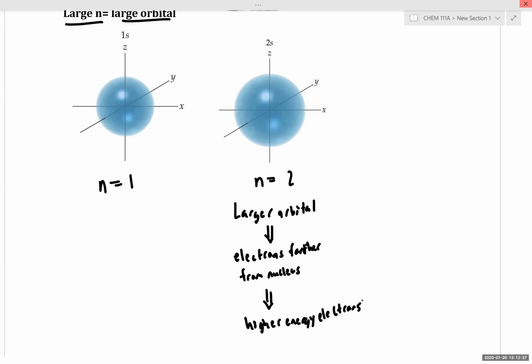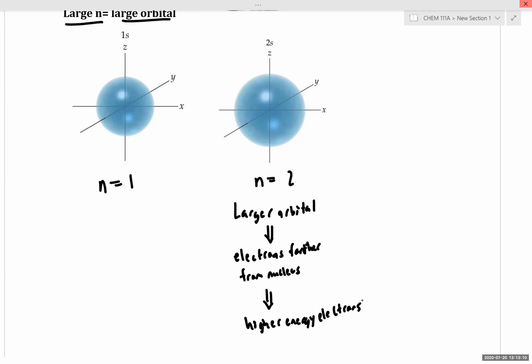So yes, bonding occurs via the overlap of orbitals. And as we change the n value of the orbitals that we overlap, that has an immediate effect on the nature of our chemical bond in terms of energy and relative bond length. We'll talk more about how orbitals are used for bonding in the next few chapters.